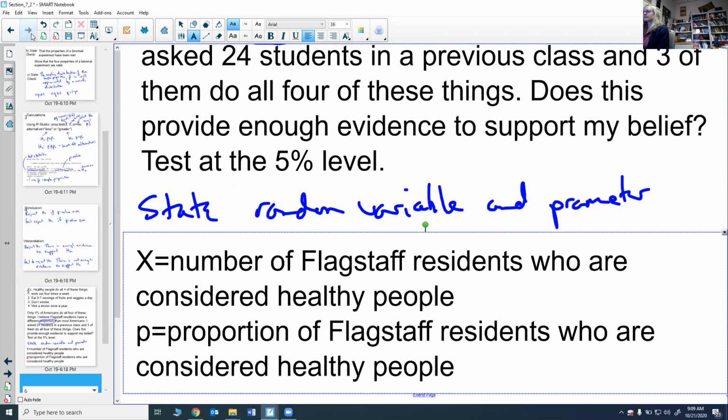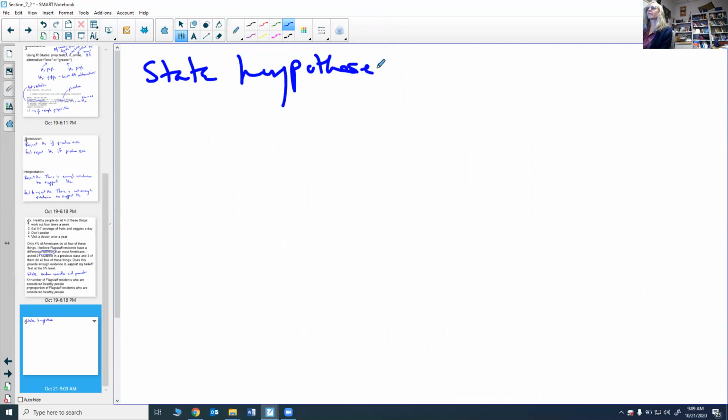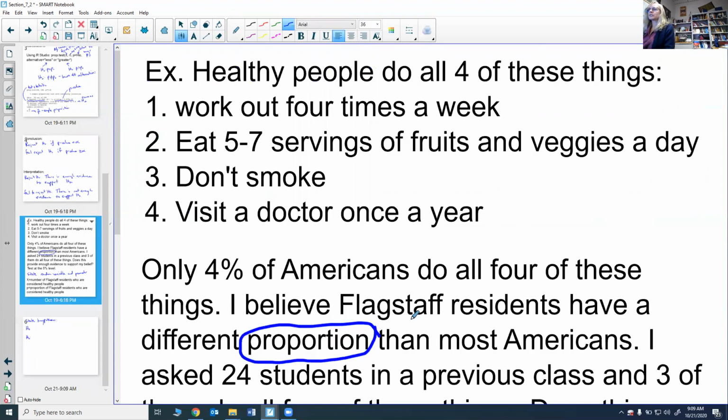So now let's go to the second step of our hypothesis test. This is where we state our hypotheses. So again, this is where you're going to state your H0 and HA. We usually put the H0 first, but I usually state the HA first. So this goes back to my question.